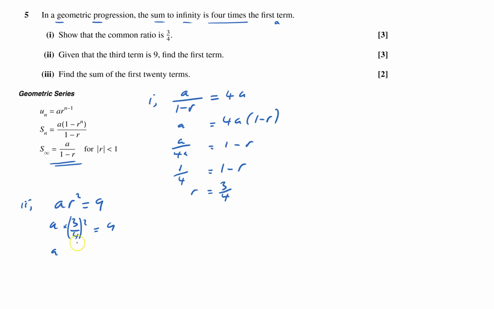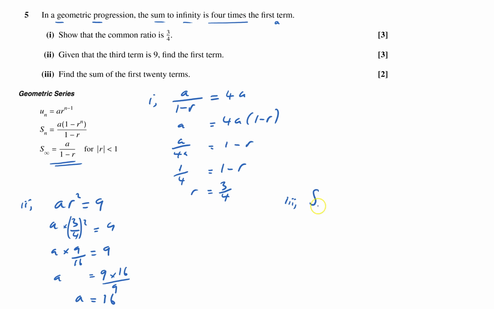So that means a times 9 over 16 equals 9. Times it by 16 to get rid of the 16th, and then divide by 9, and that will give me that a equals 16.